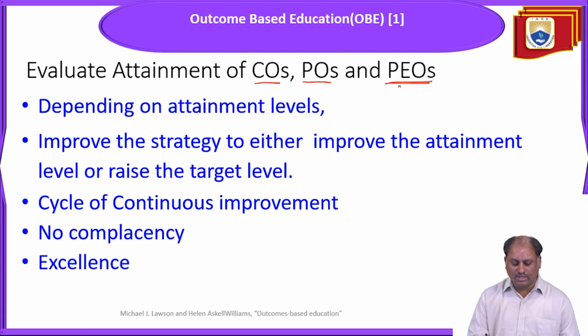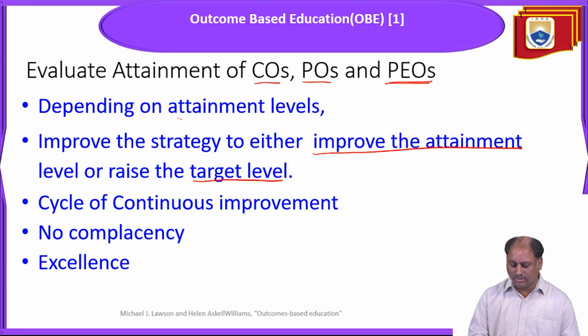So the attainment level of each can be considered based on the attainment levels, and also any gap in attainment. We have to improve that attainment level once again to reach the correct target level.